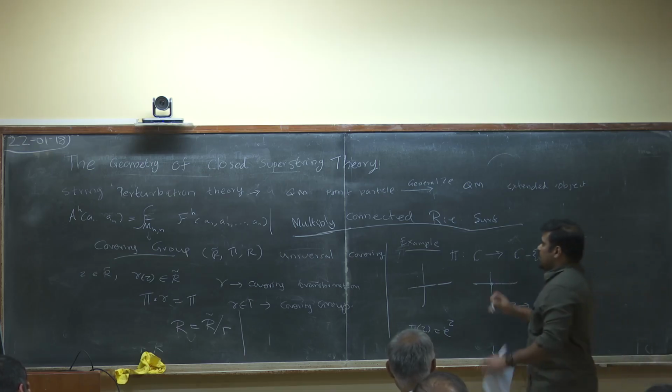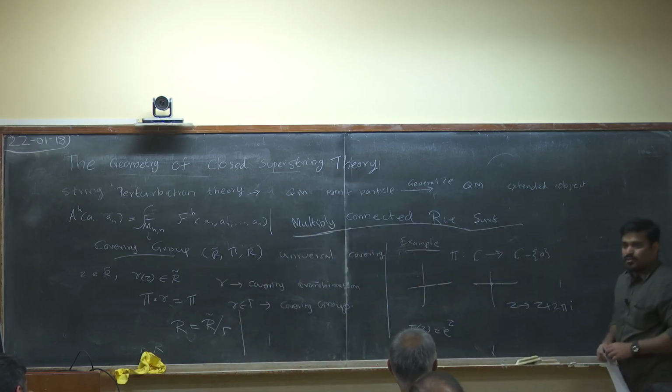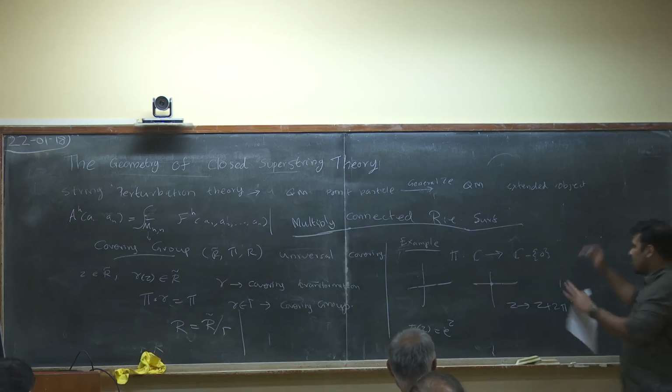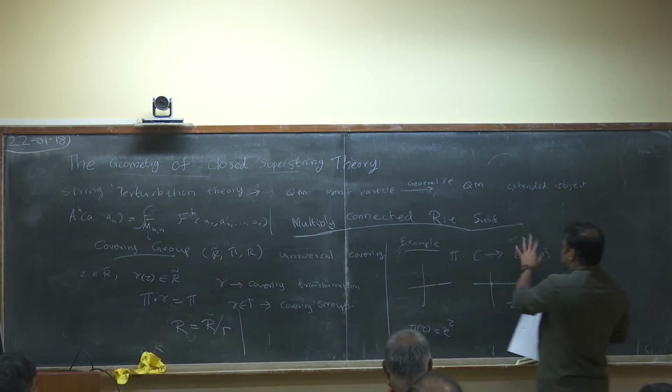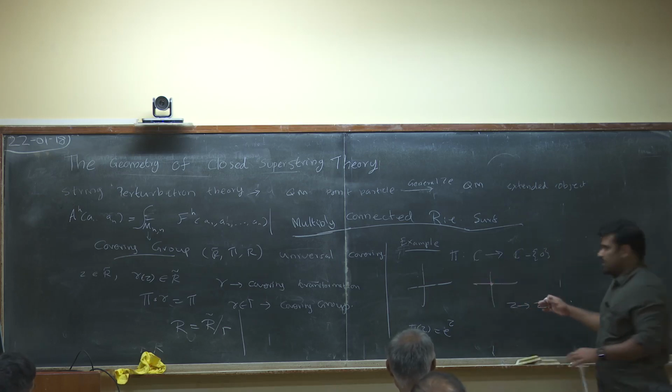So this gives you an idea of how a covering group is doing the whole nice thing. So you can go from a simply connected to a multiply connected surface, and all the information about the complex structure of the target space will be encoded in the covering transformation. So that's a nice thing.